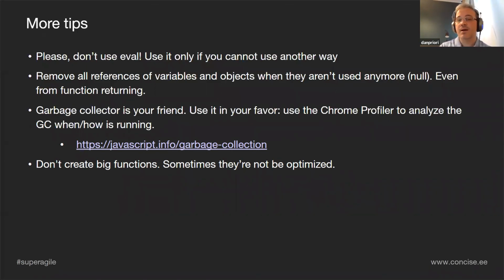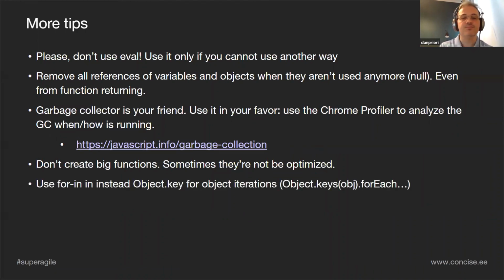Some browser vendors say that if you have functions larger than 64 kilobytes, the engine will skip optimizing them. But I've seen that even with fewer kilobytes inside a function, it will not be optimized. So try to keep your functions short. Try to decompose into more functions. In this case, it will be much easier for the JavaScript engine to optimize it.